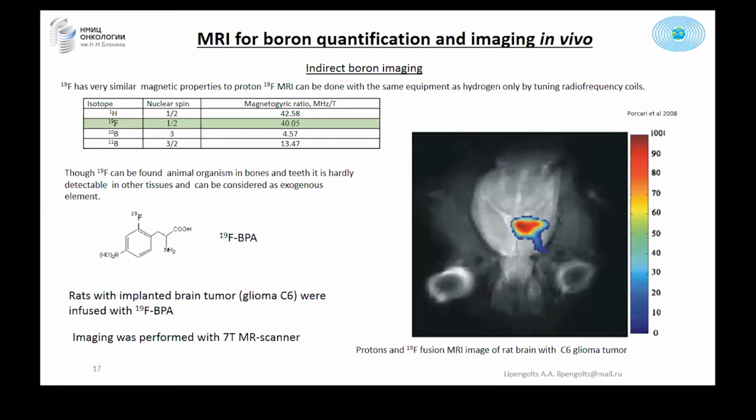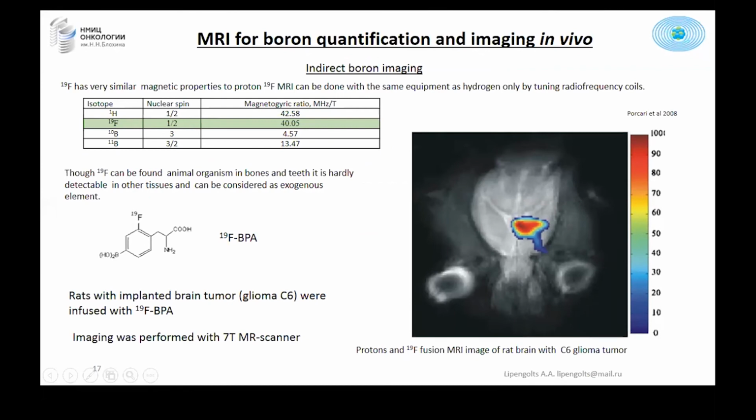Another approach is indirect, but MRI is also used for this method: labeling of boron compounds with some marker. Here I would like to present the results of Italian researchers.